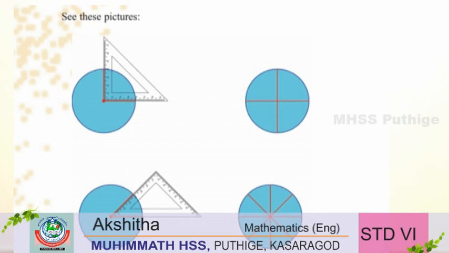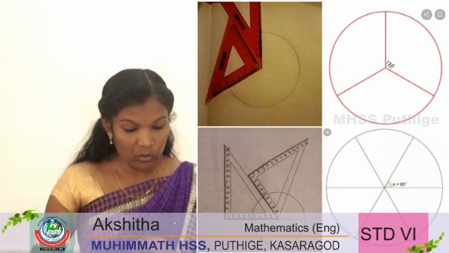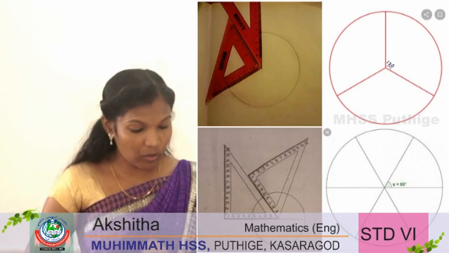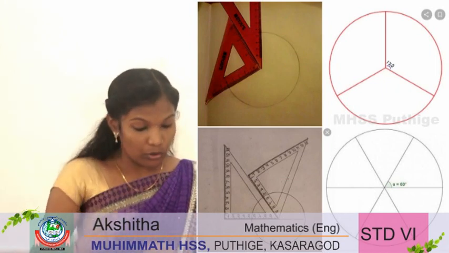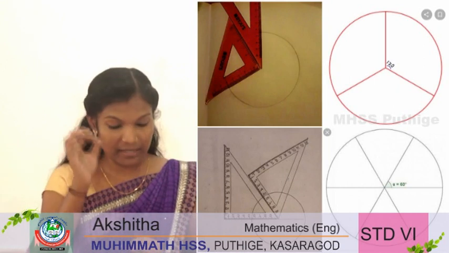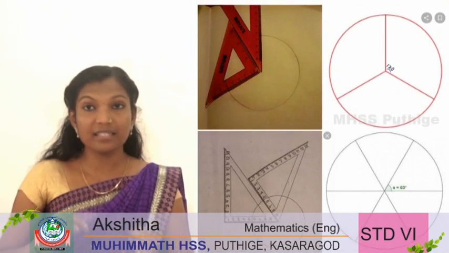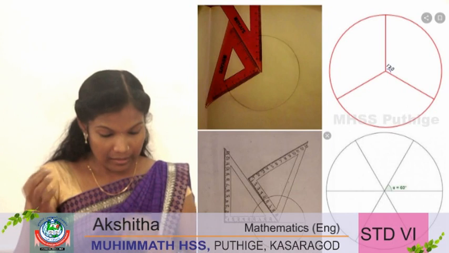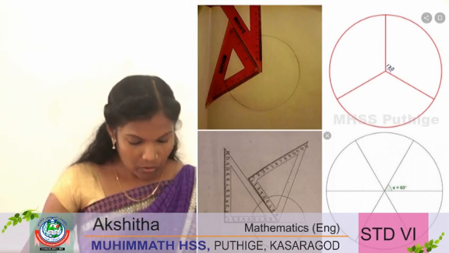How can we divide the circle into 3 and 6 equal parts? Can you say? Look at the picture on screen. Circle is divided into 3 and 6 equal parts using set square. Using corner of a 2 set square, we can divide the circle into 3 and 6 equal parts.